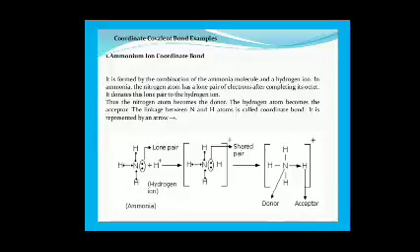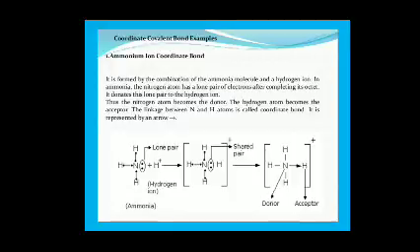It is represented by an arrow mark. In the ammonium ion formed between ammonia and hydrogen ion, nitrogen of ammonia contains a lone pair of electrons, so ammonia acts as donor and H plus ion acts as acceptor.